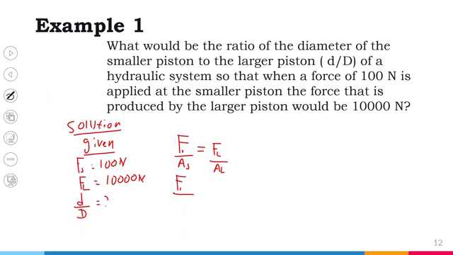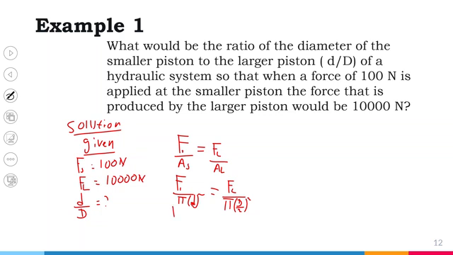Then this means F1 over the area, pi times small d over 2 squared, is equal to the force of the large piston over pi times capital D over 2 squared.